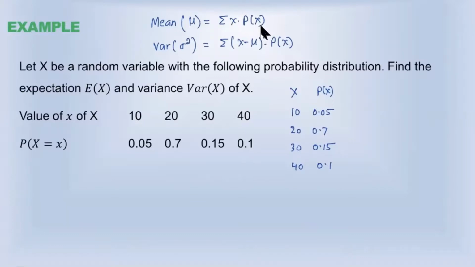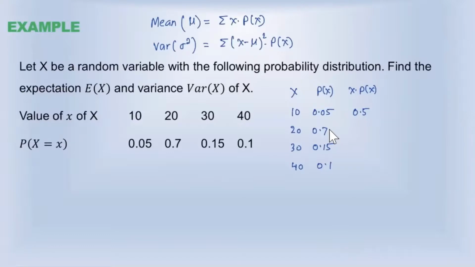So in the next column, I need x times the probability of x. Please get ready with your calculator to multiply these values. What is 10 times 0.05? 0.5, very good.